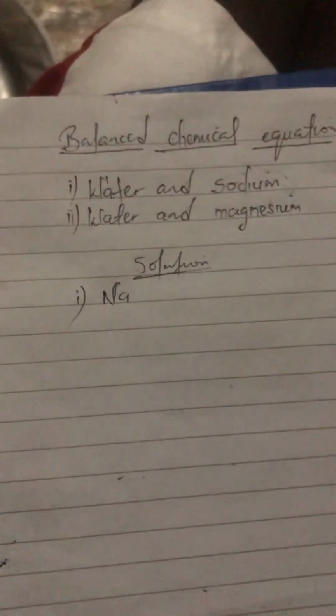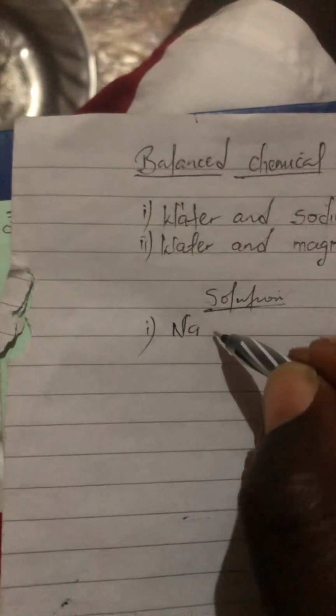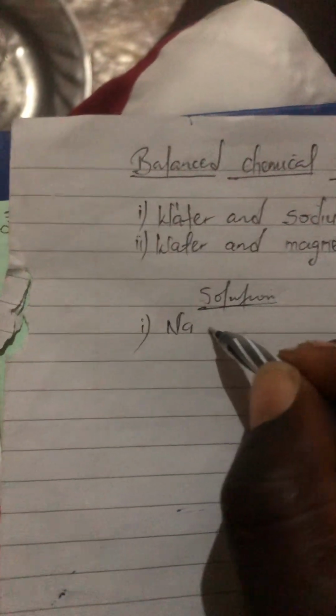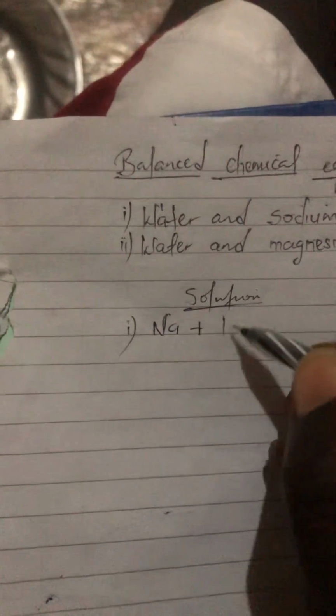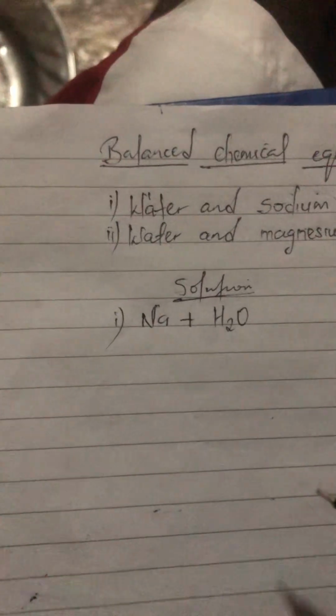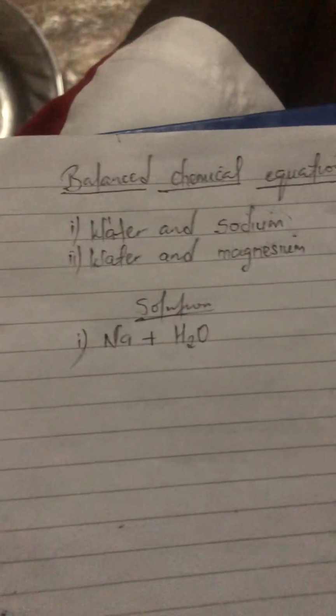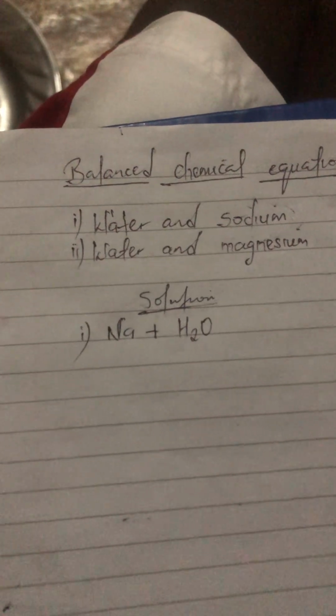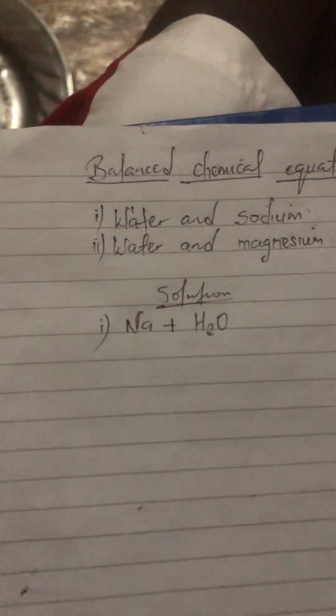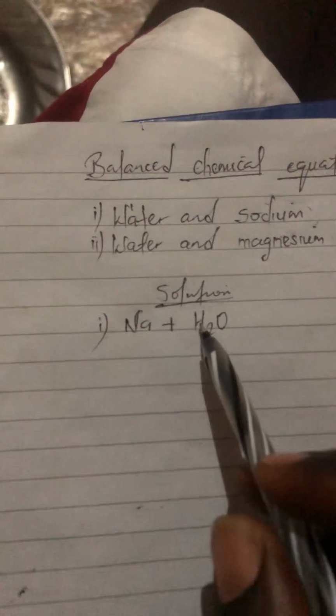Okay, Na, meaning the reaction between sodium and water, and we all know that water is H2O. Because sodium is more reactive than hydrogen, it is going to displace one of these hydrogen.